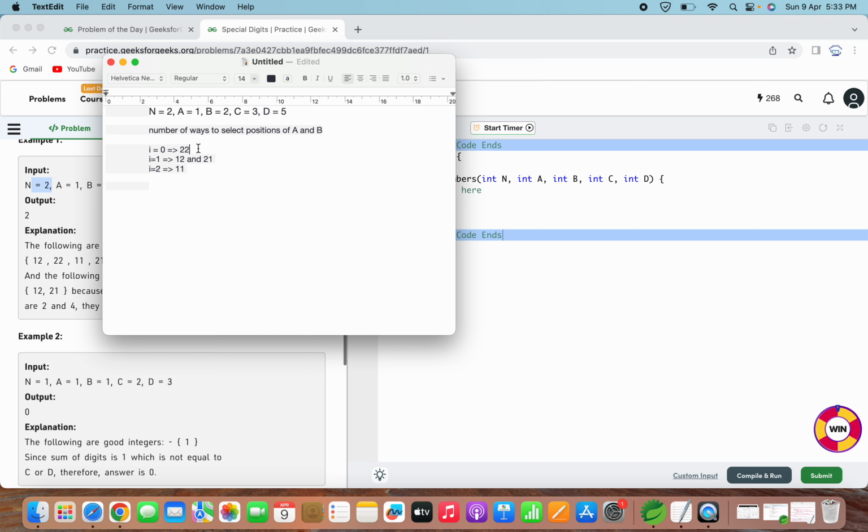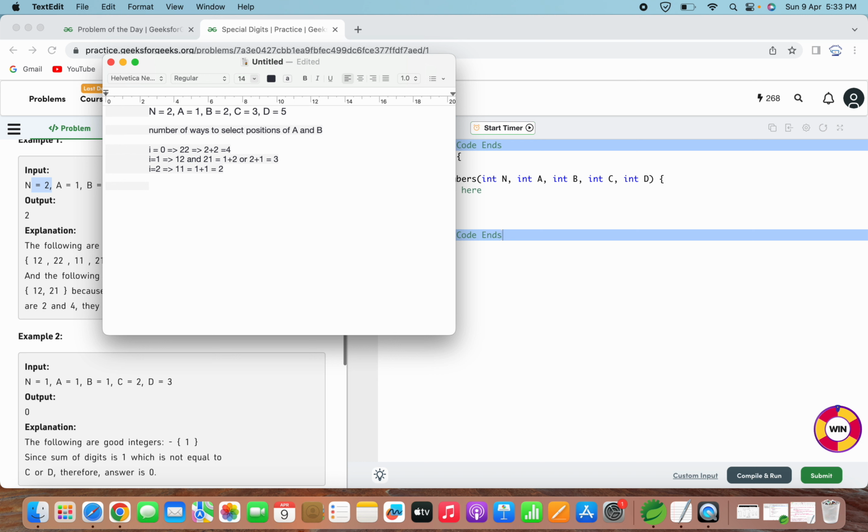When we do the summation of all these, for 22 it will become 2 plus 2, that is 4. For 12 or 21, the sum will be 1 plus 2 or 2 plus 1, so it will become 3. And for 11, the sum will be 1 plus 1 equal to 2.